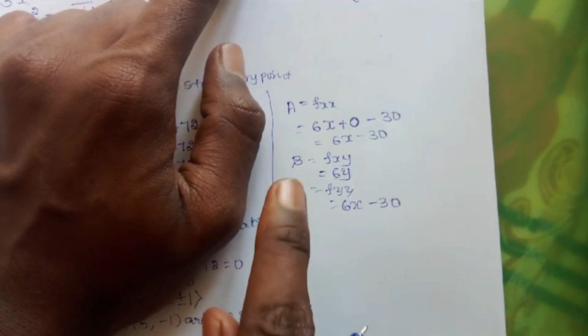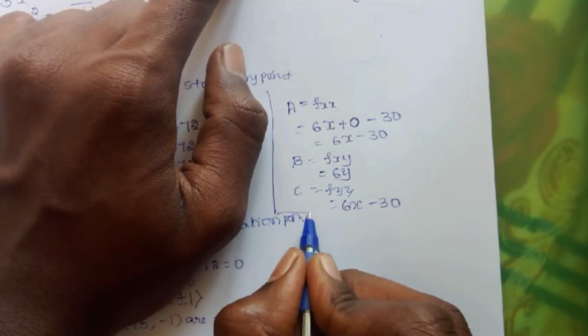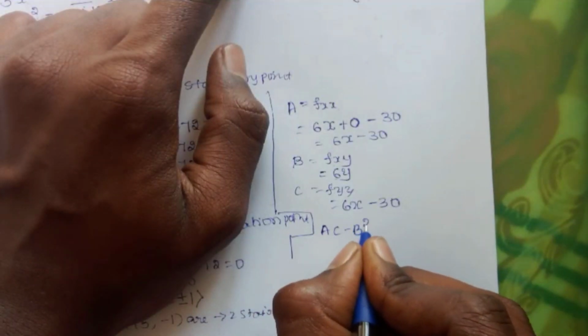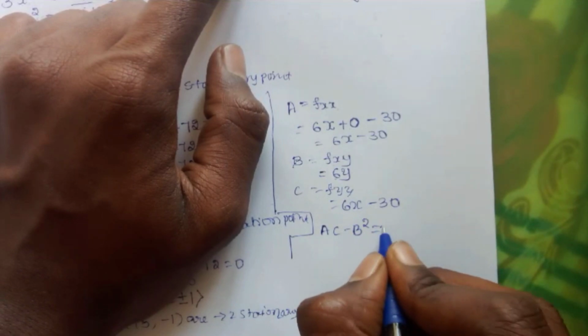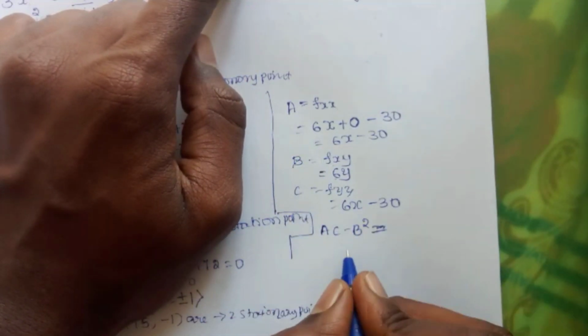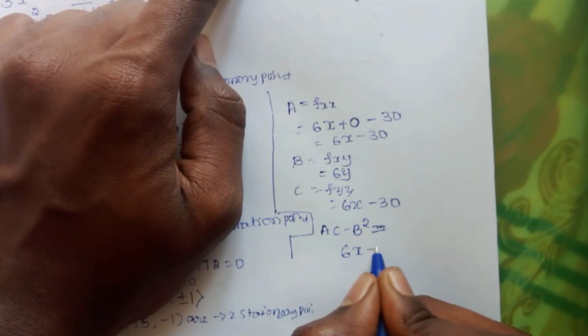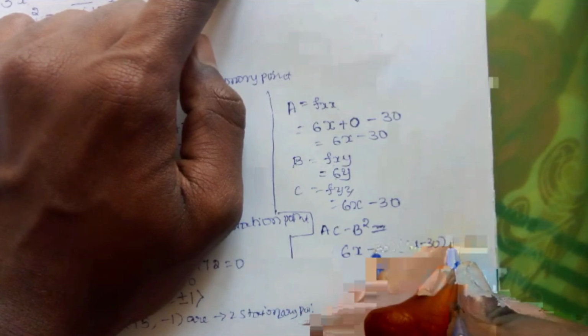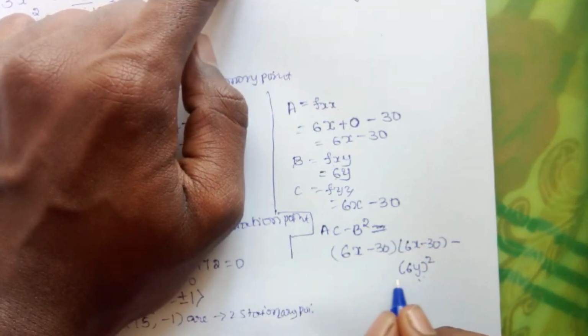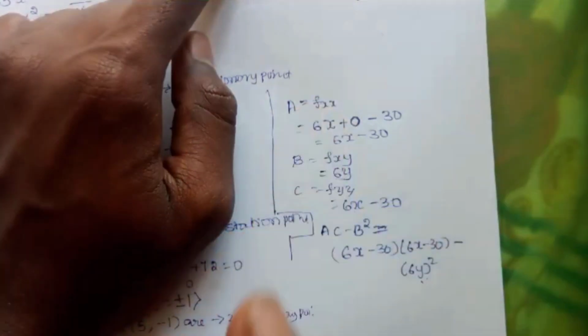This is a, b, c, and we need to find AC minus B square. That is a, 6x minus 30, and c, 6x minus 30, minus B square, 6y whole square. We need to find this after finding a, b, c.